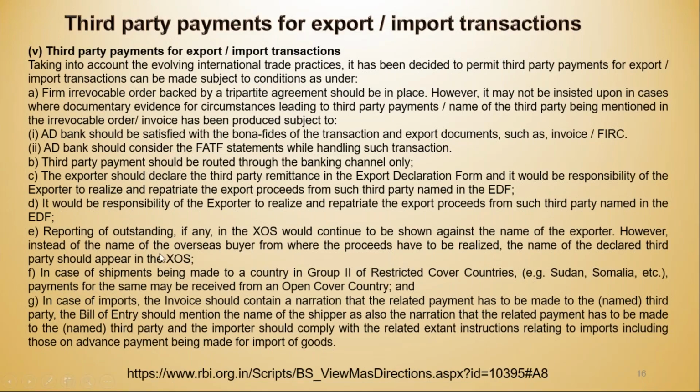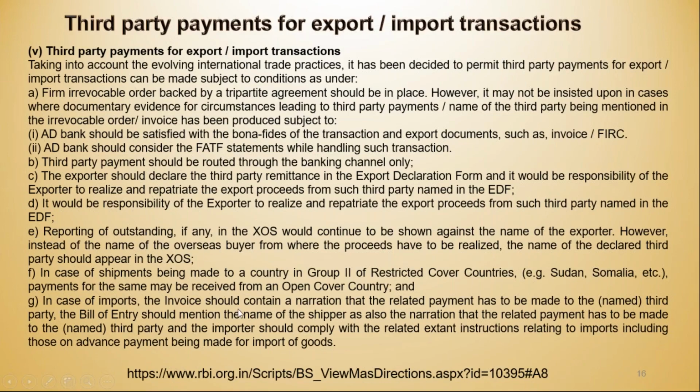Exporters should declare a third party remittance in the export declaration form, and it would be the responsibility of the exporter to realize and repatriate the export proceeds from such third party named in the EDF, the electronic declaration form. Whatever third party he has mentioned, from that party the payment must be realized. That is a very essential condition.